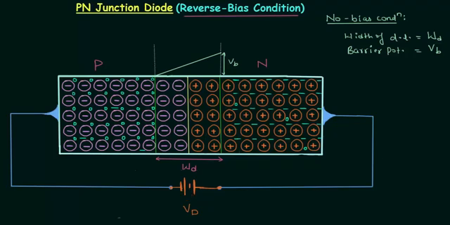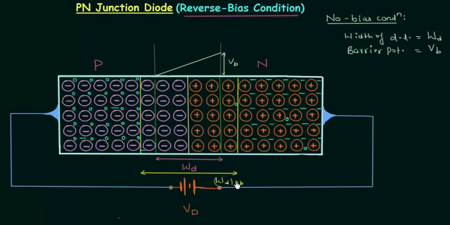This will lead to a new depletion layer, and the depletion layer is wider if we compare it with the forward bias condition. So we have a new width for depletion layer, and let's say the new width is equal to WD reverse bias.